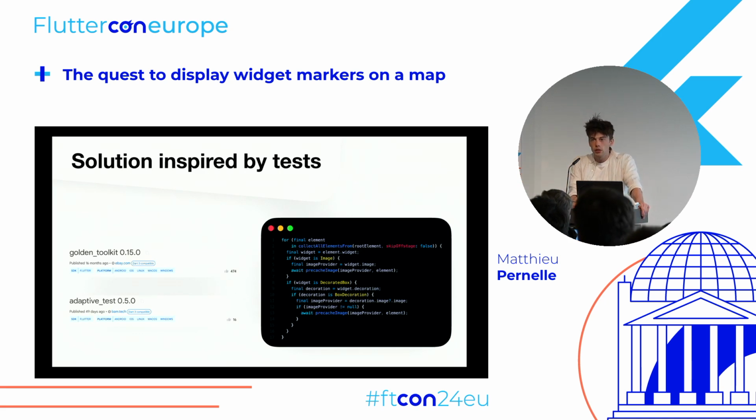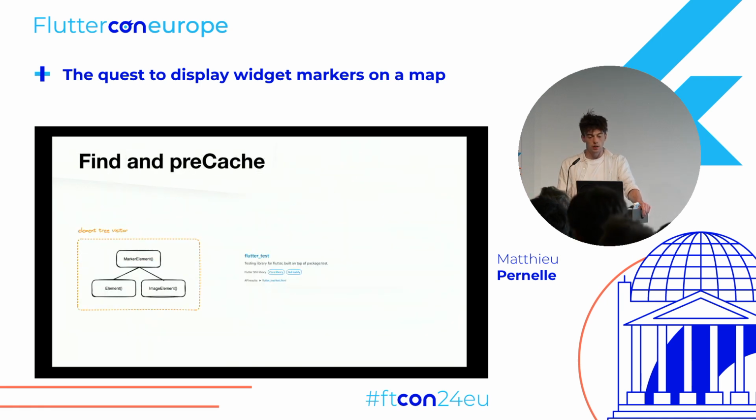The tricky part is to find the right element with the right image provider. And for that, we will need an element tree visitor. Honestly, within the app, we just copy-paste some code from Flutter test inside the function find, like a find by type.